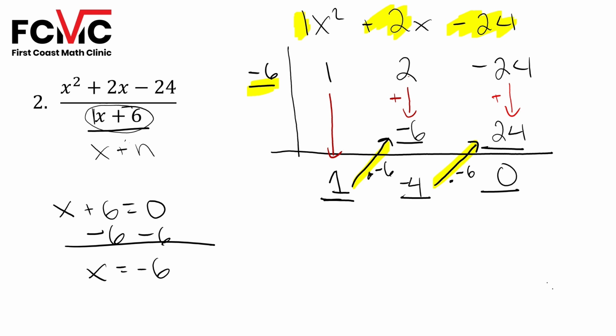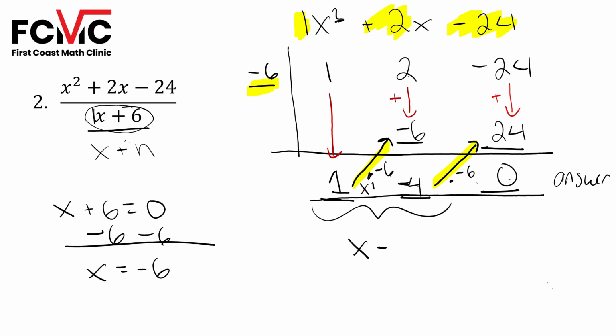And we know our answer is right here. Since we had x to the second here, we want to start 1 power lower, so this is going to be x to the first minus 4, and then we have a 0 at the end, so we don't need that 0. So if we clean this up a little bit, we're going to have x minus 4 as our answer.